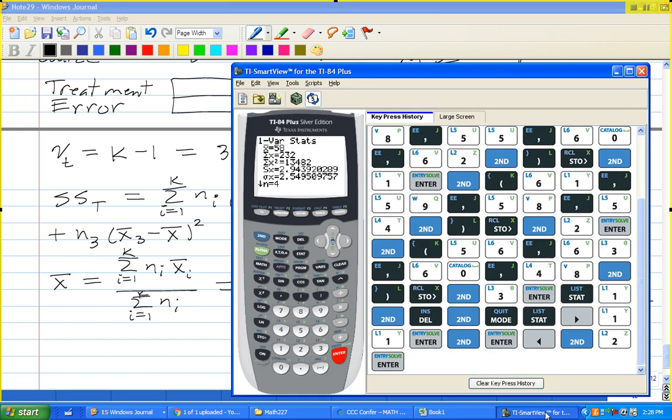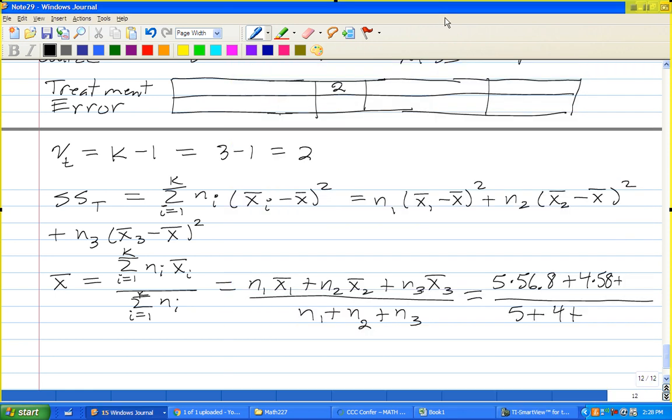And for the last one, it is 4 and 56.75. 4, 56.75.